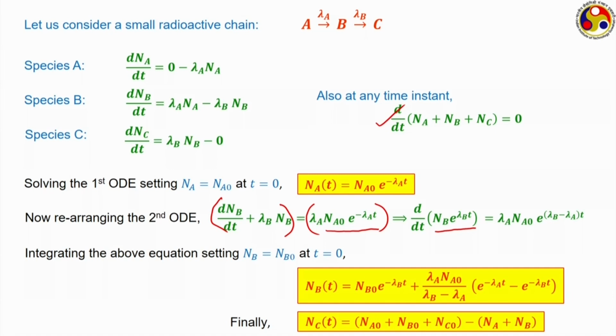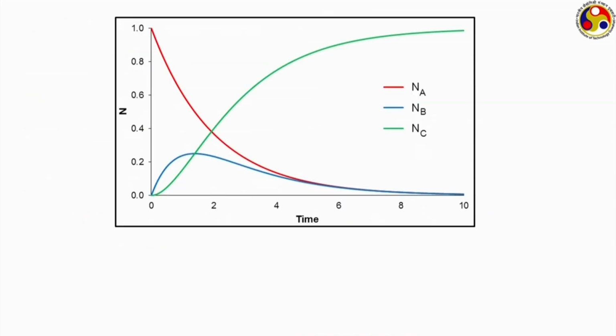So, we have the mathematical solutions for N a, N b and N c, and if we combine all three into a single graph, we get a form like this, where A continuously decreases because it does not have any source, whereas N c continuously increases following the green line as it is not decaying anymore, but B has both a source and is also decaying.